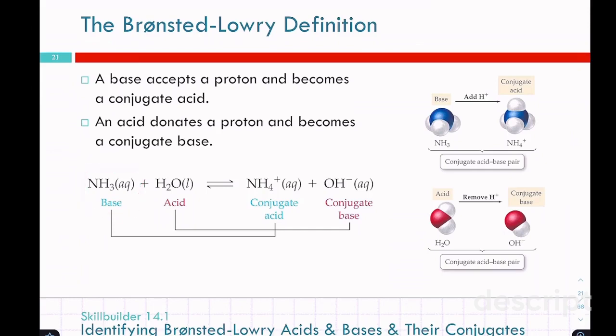So if you have ammonia acting as a base, on the opposite side you're going to have its conjugate acid. And here water is acting as an acid, so on the other side it's the conjugate base. And when you're trying to identify which one's the acid, the base, the conjugate acid, the conjugate base, acid and base are always reactants.